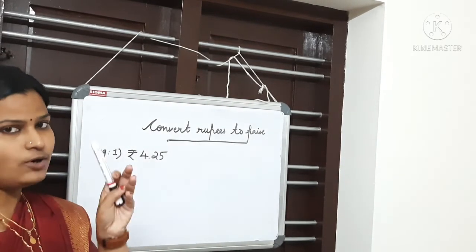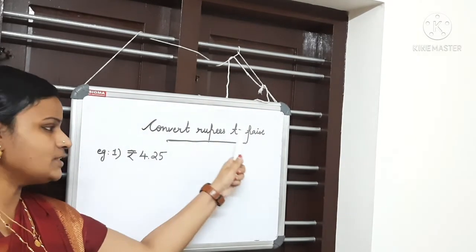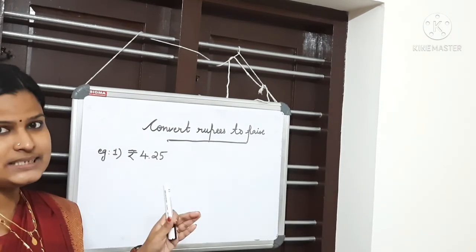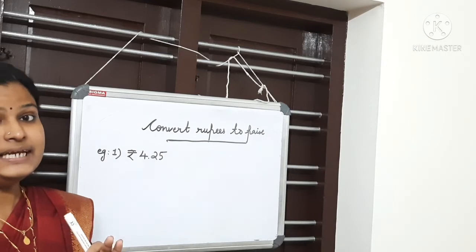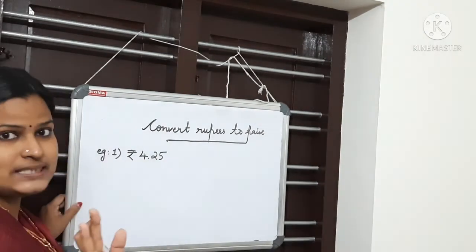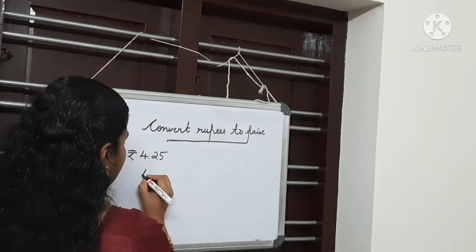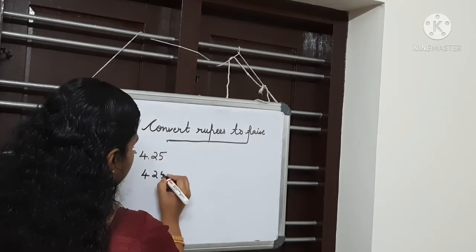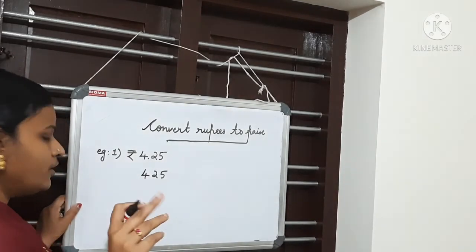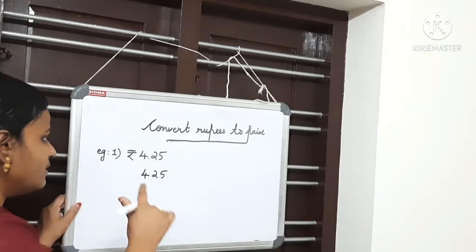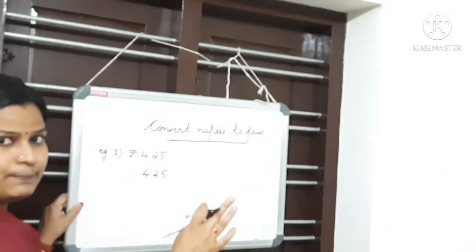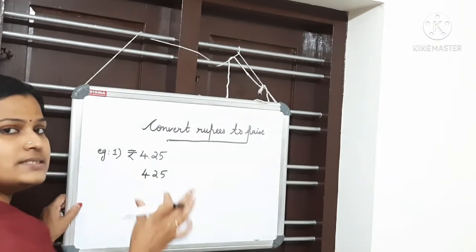But instead of multiplying by 100, I will tell you a very easy trick. You have to remove two things. First, remove the rupee symbol. Then remove the decimal point and write the numbers as such.